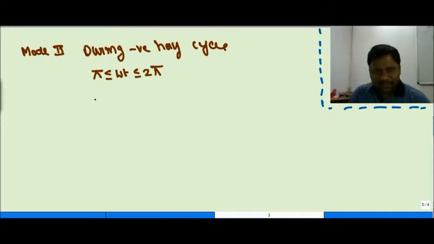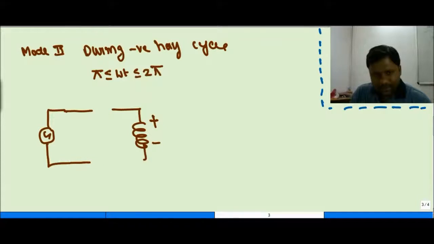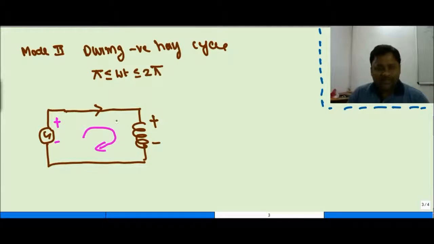The inductor stores energy, as we have already seen in mode 1, with plus and minus polarity, and the direction of current is going to be like this. Firstly, we draw the circuit like this. In the previous case, this is plus, this is minus, and the current is flowing like this since the supply is positive.